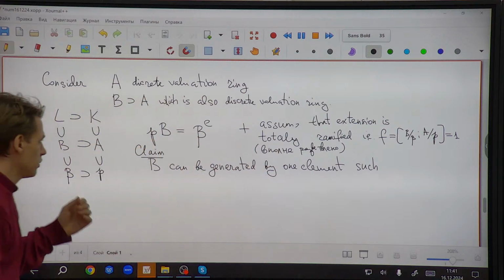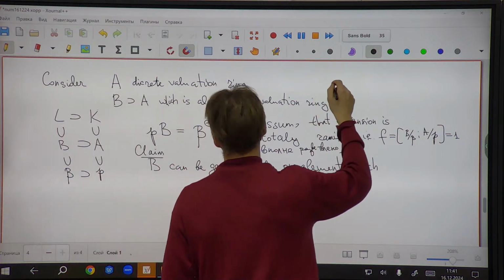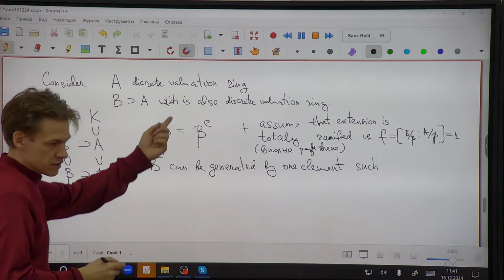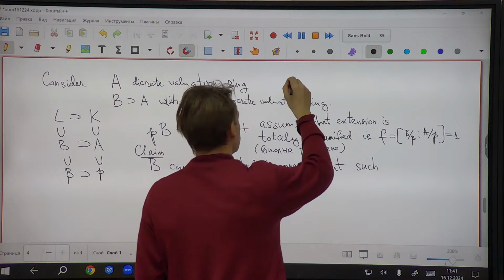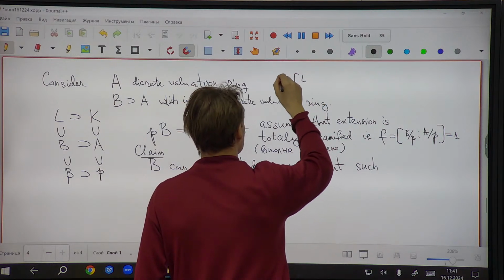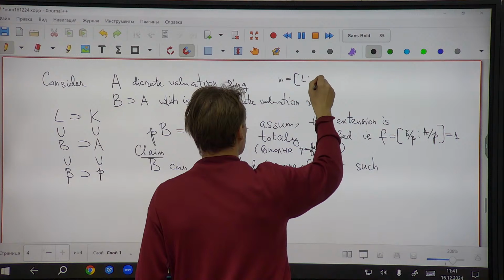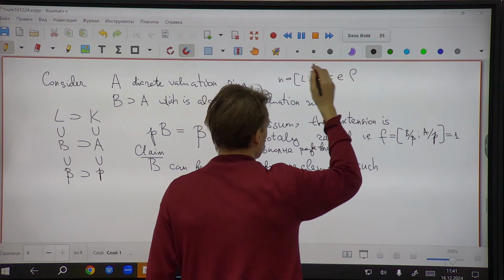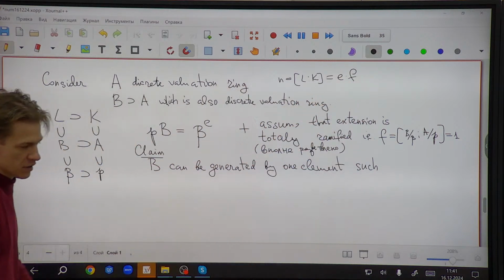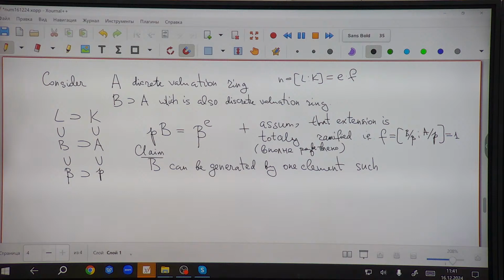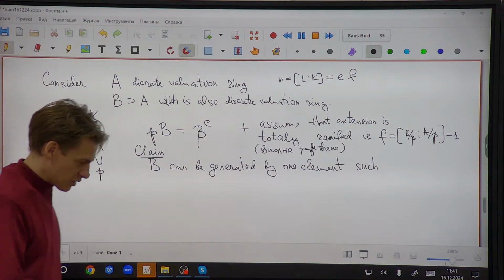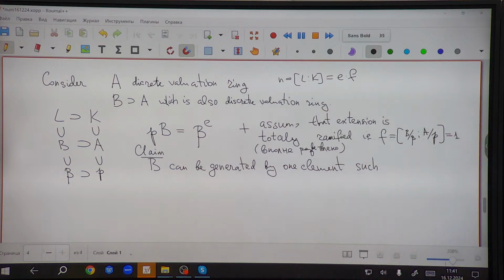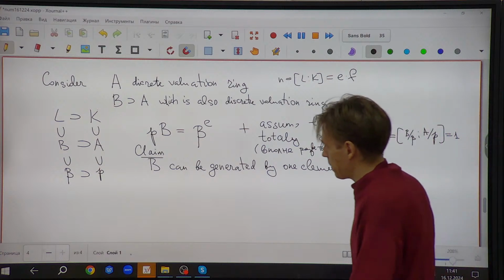Since in this case we have only one prime ideal over B, because it is a discrete valuation ring, we have the degree of the extension n, the degree of L over K, equal to precisely E times F. And you have two opposite cases: E equal to 1 and F arbitrary, so F equal to n, or vice versa, F equal to 1 and E equal to n.